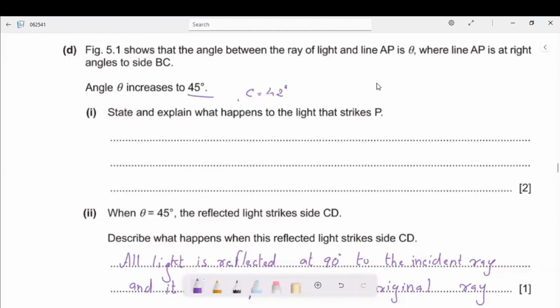Here, the angle of incidence is greater than the critical angle. This is 45 degrees and this is 42 degrees. So whenever the angle of incidence is greater than the critical angle, reflection will occur and the light will be reflected.